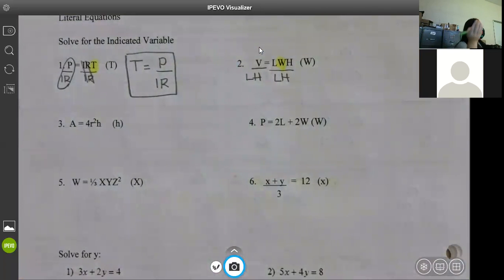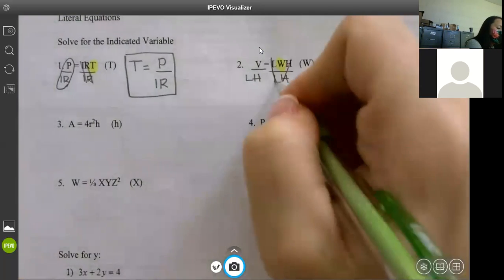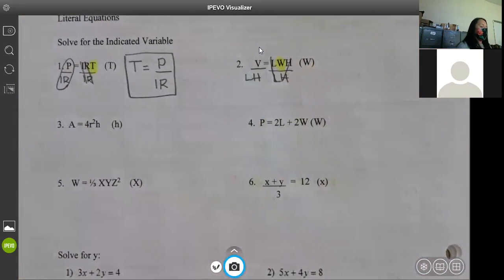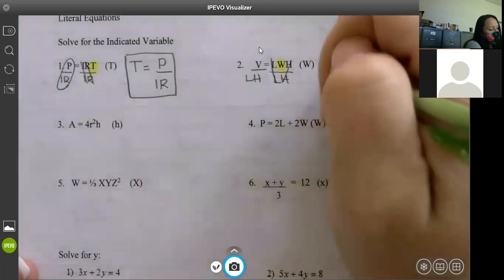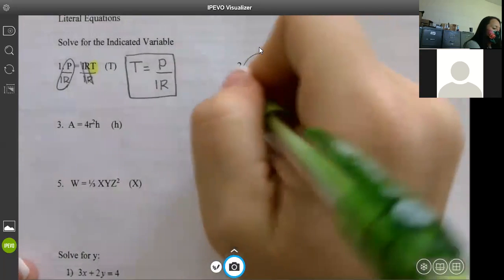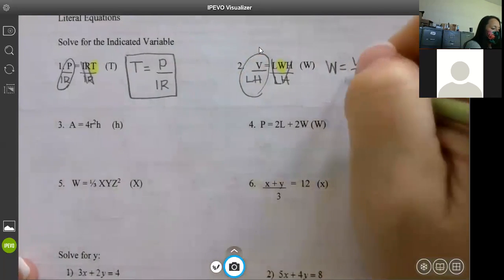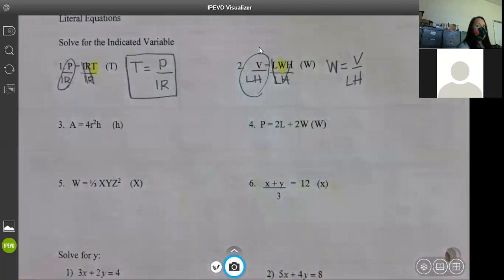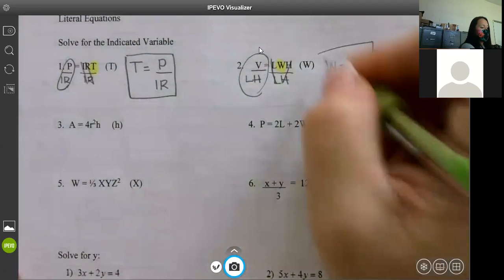What I do to one side, I do to the other. So on the right side, that'll cancel out that L and H, which leaves us with that W. And then we write down the other side, V over LH. That's your final answer.